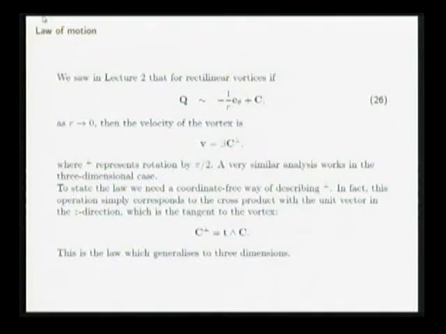So then the question comes, all right, how does the vortex move then? What's the response to that local behavior? So we saw for rectilinear vortices that if the local behavior of Q was minus 1 over r e theta, that's the thing that defines there being a vortex, plus a c as the next term, then the velocity of the vortex was proportional to this c.